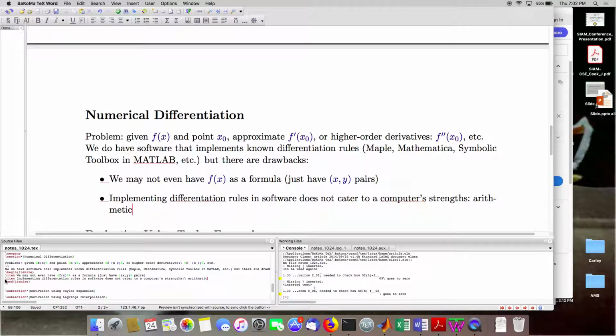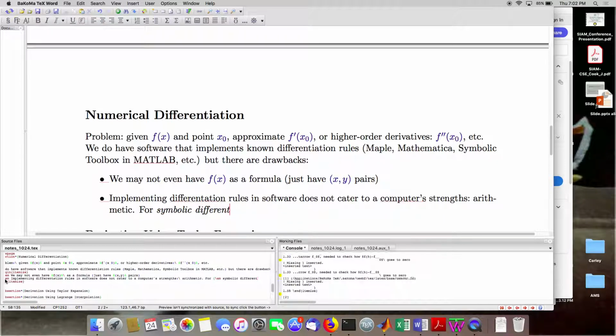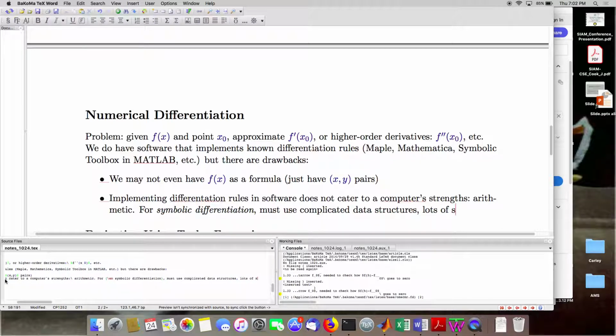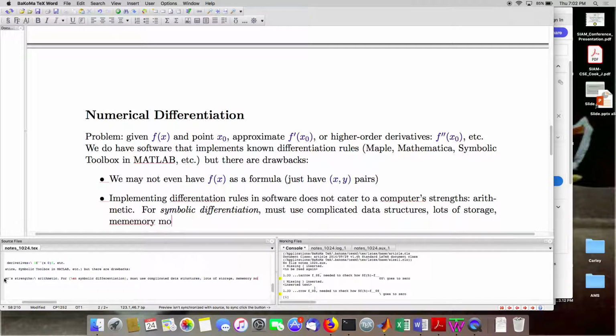With derivatives, there's a so for what is called symbolic differentiation, which is actually using the differentiation rules we know, must use complicated data structures, lots of storage, memory movement, etc. You have structures called expression trees that represent the structure of a function.